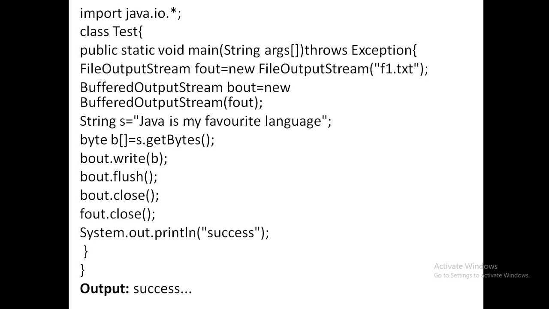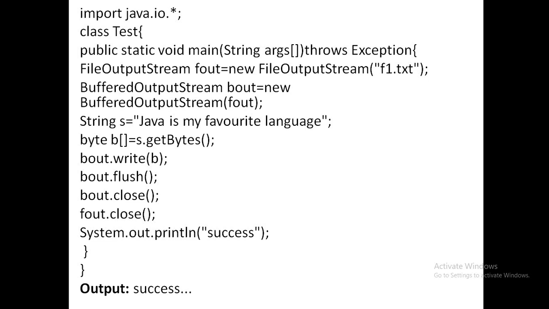In this program, we can see in the main function an object is being created for file output stream, and also an object bout is being created for buffered output stream. We also have a string variable s, which has the following text within quotes: Java is my favorite language. An array b of data type byte is declared, and it is assigned the method getBytes called by the object s.